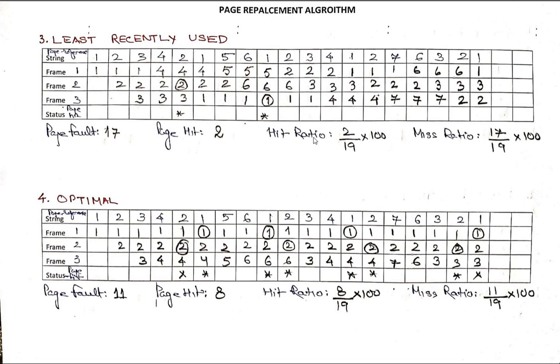Now before I start this page replacement algorithm, let me show you how this particular table appears. Here I am showing you one blank form. In the y-axis there are sections for string and frame status.